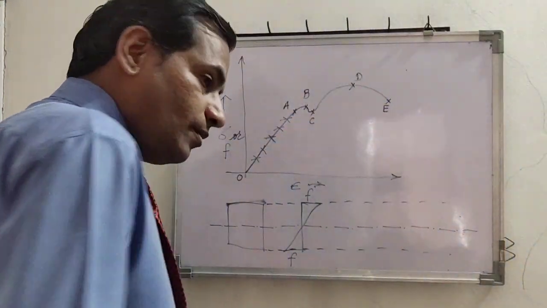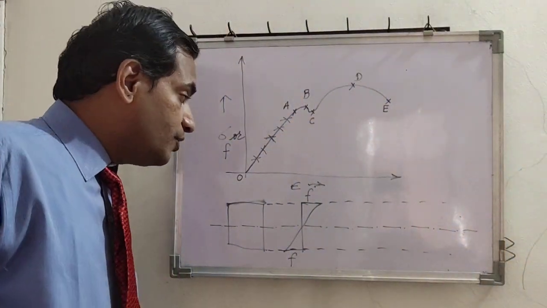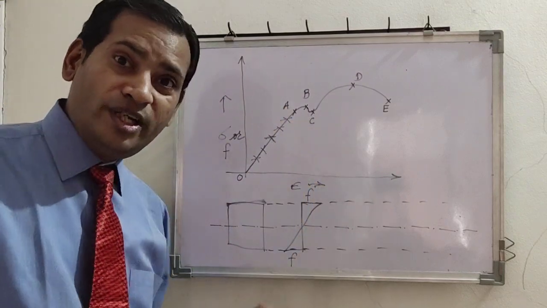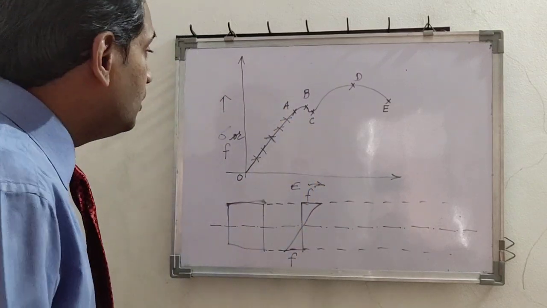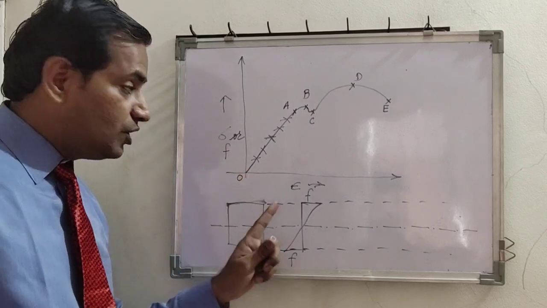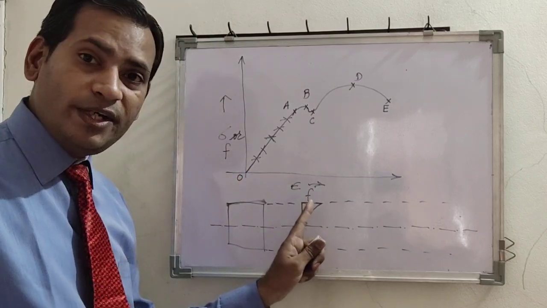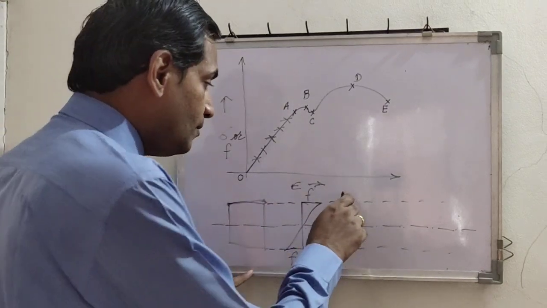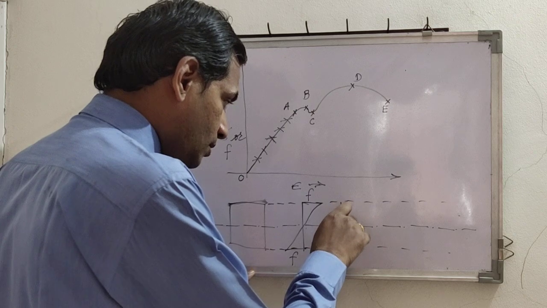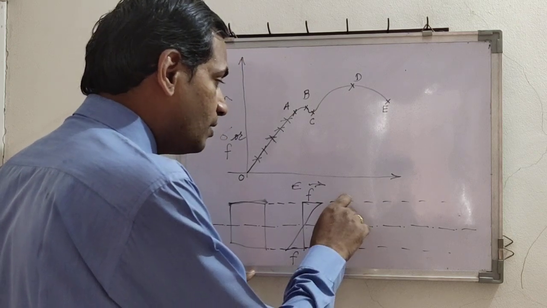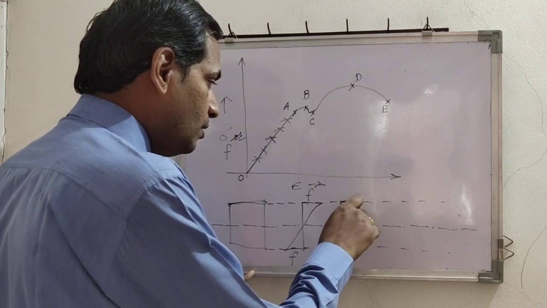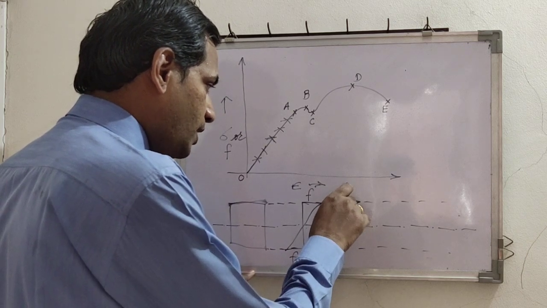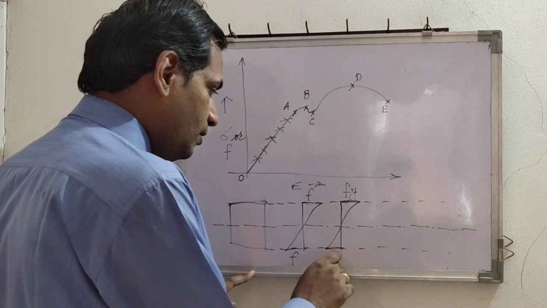Now let us say we have stressed this material up to point C, that is up to its lower end point. So in short, the stresses will be more compared to F. Now stresses in the extreme fibers will be subjected to their yield point. So this will be not F now, this will be Fy.